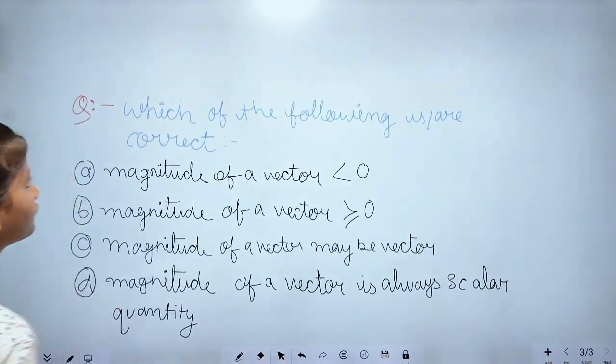So our question is, which of the following is correct? Our first option is that the magnitude of a vector is less than 0.